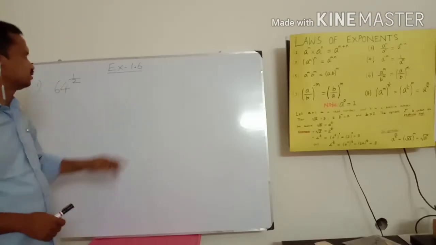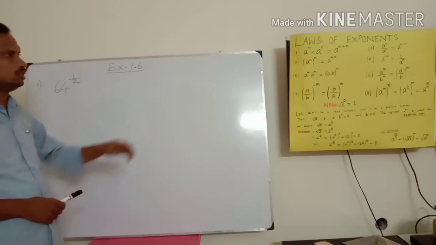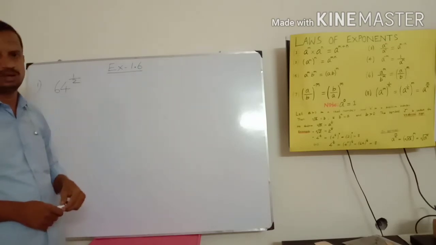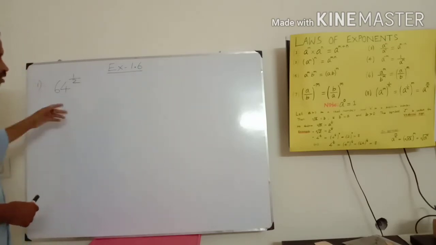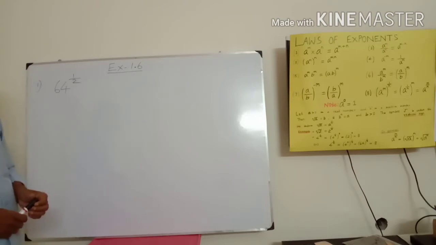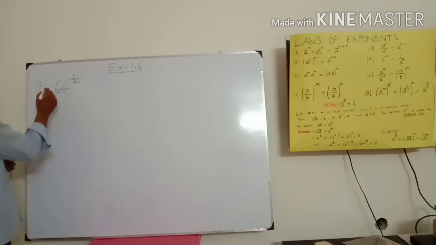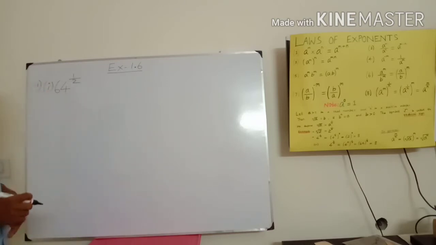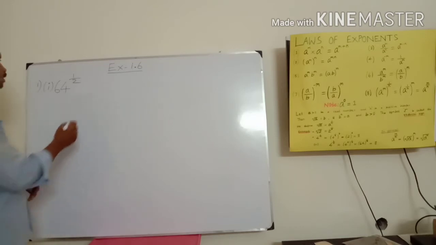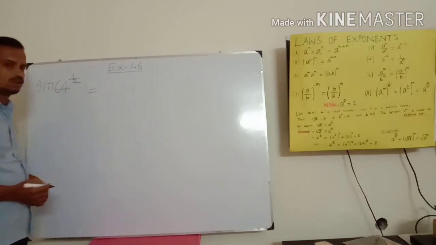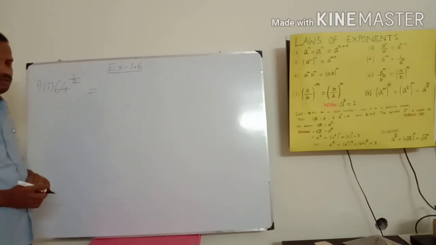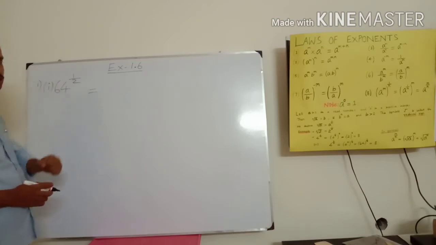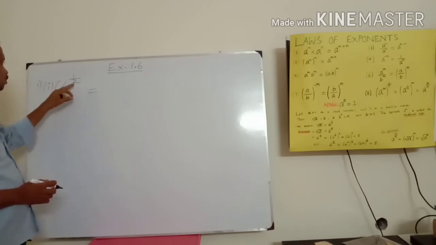Now coming to the exercise 1.6, by using all these laws of exponents, we can find the value of the given sums. The first question, option 1, they are asking to find the value of 64 power 1 by 2. So how to do? 64 is the base and the exponent is 1 by 2. So the denominator of the exponent is 2.